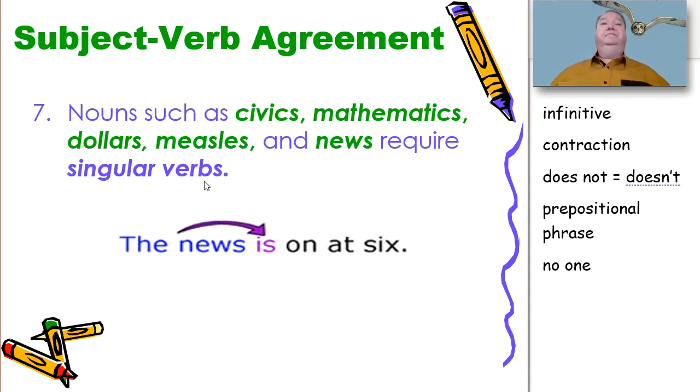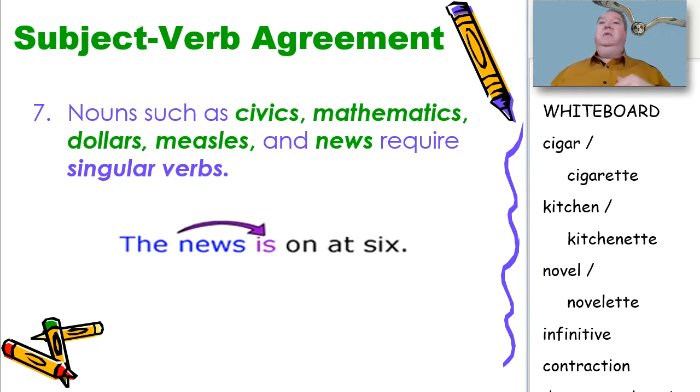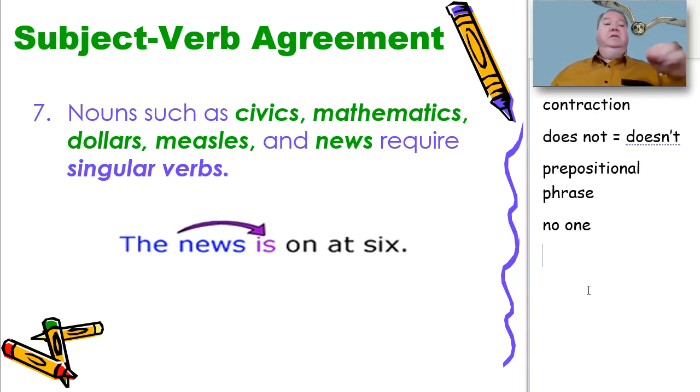Number 7. Nouns such as civics, mathematics, dollars, measles, and news require singular verbs. So what are these? What is civics? Civics is a course in school, a class.